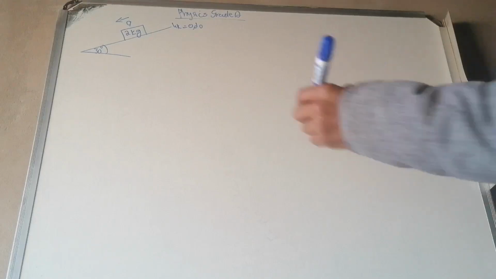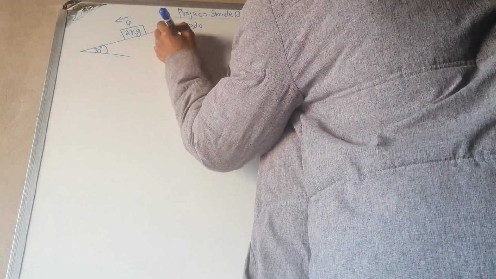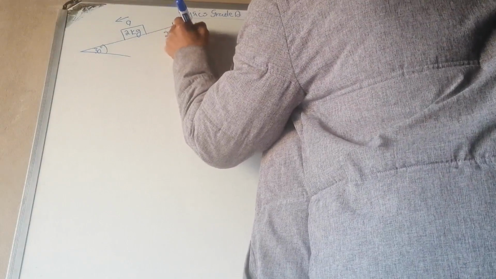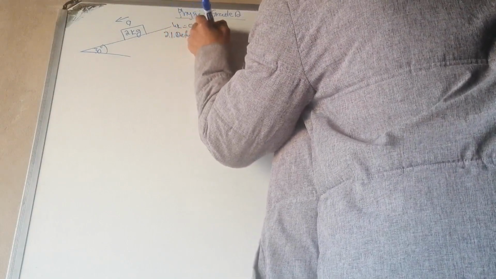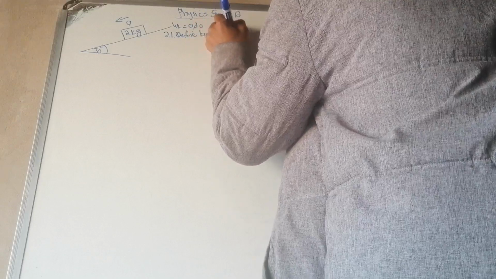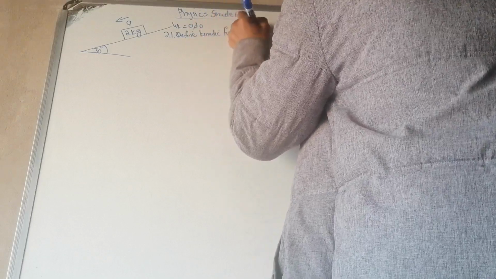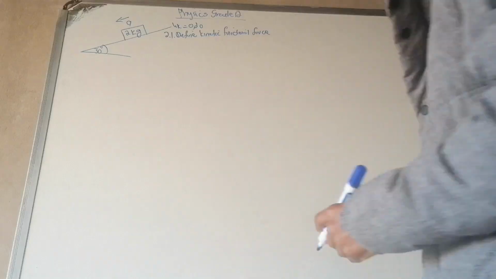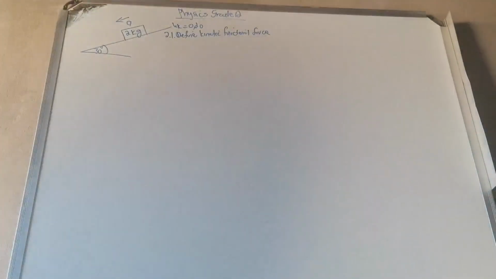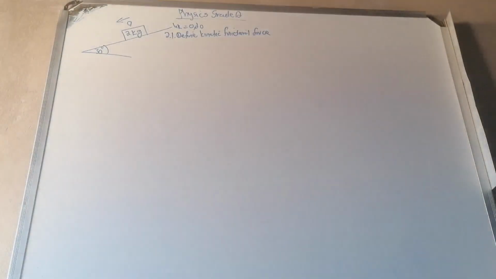And now the first question, 2.1.1, they want us to define the term kinetic frictional force. Right. I think we need to understand exactly what is happening here, because I believe we need to be in tune with exactly what the terms mean.